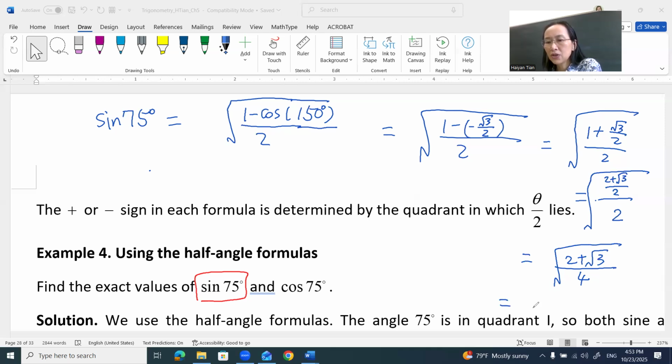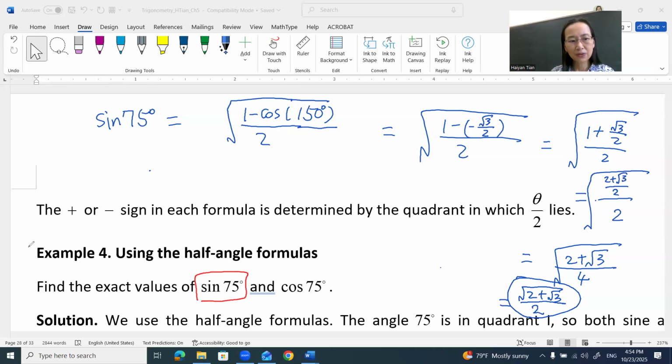That's the square root of 4, which is 2 in the denominator. And then the numerator will be 2 plus square root of 3. So that is our final answer, this quantity. That is sine 75 degrees.